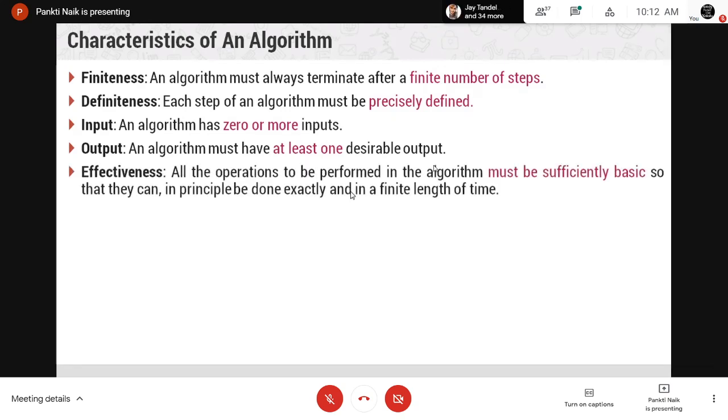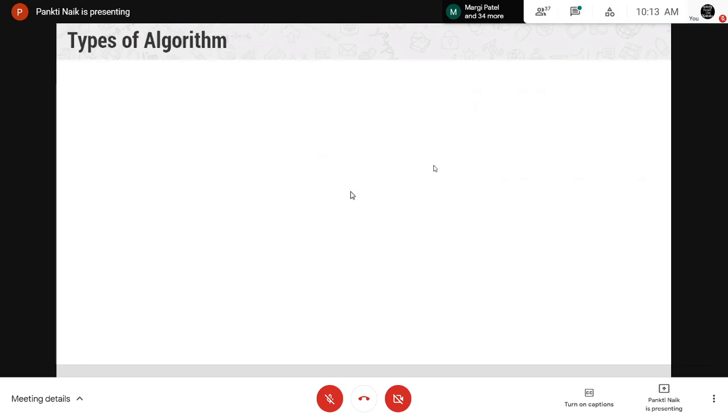Then effectiveness: all the operations to be performed in the algorithm must be sufficiently basic so that they can in principle be done exactly in a finite length of time. So this is known as effectiveness.